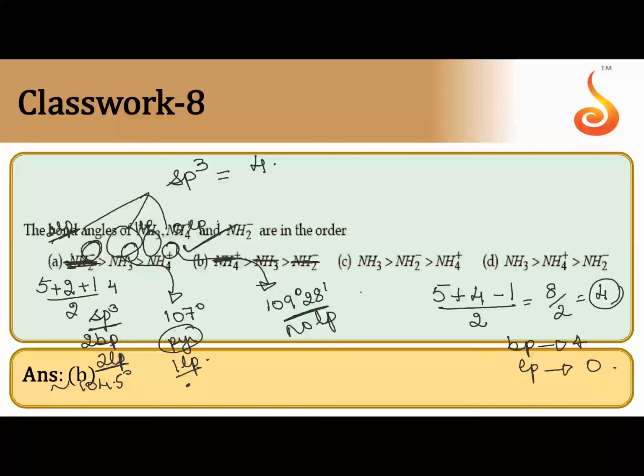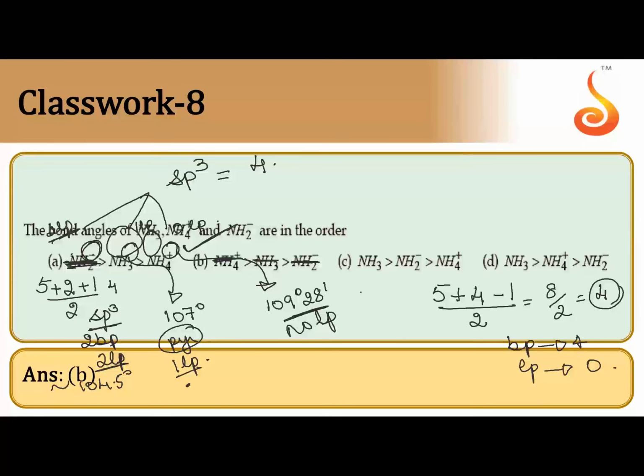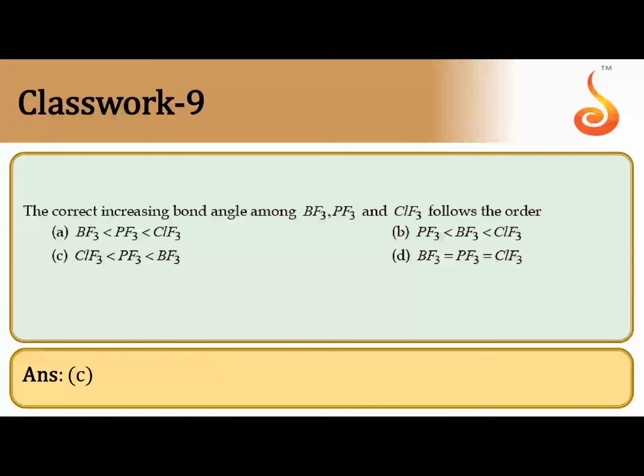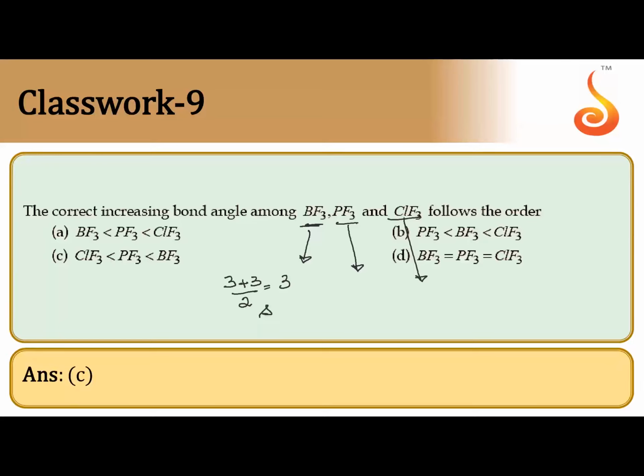Okay, next one here. Okay, calculate for this one, children. BF3, separate calculation, you practice a little bit faster. 3 you remember, right? Valence electrons plus 3 by 2, that is 6 by 2, that is 3, sp2. What about PF3?